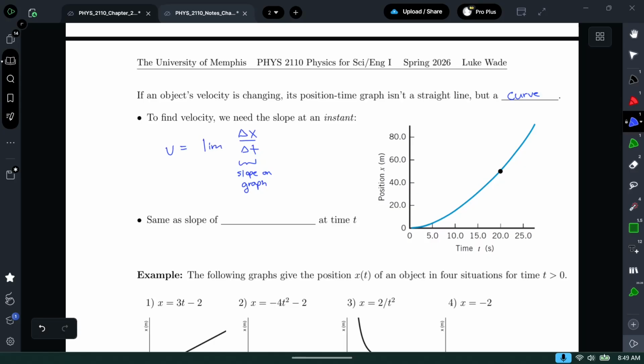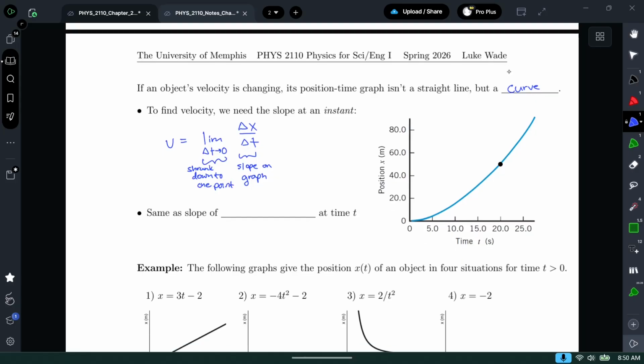But now this limit thing means I've got to find the slope not between 2 different points, but the slope at a single point, because the time between the 2 moments I'm capturing to calculate this slope is shrinking down to 0. And again, that's the definition of the derivative.